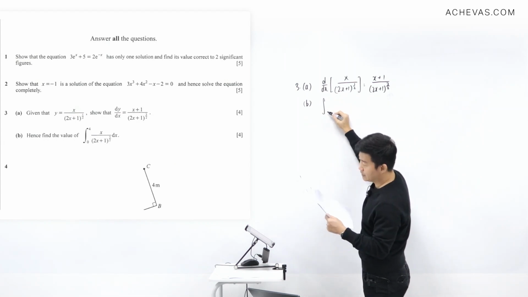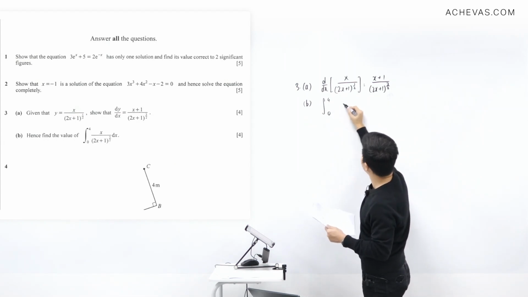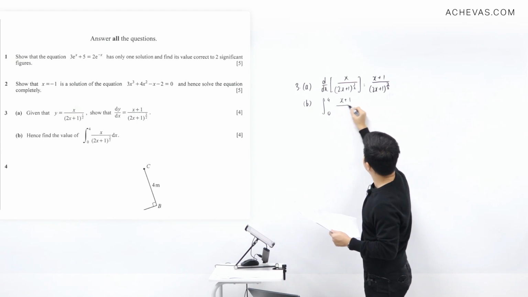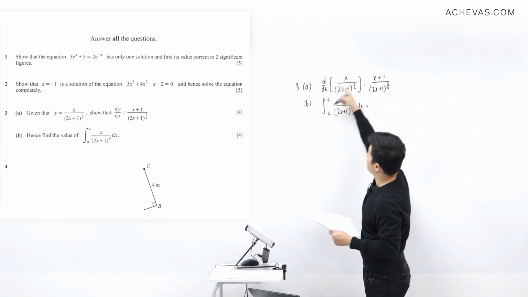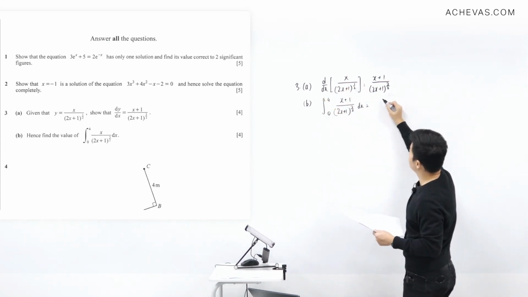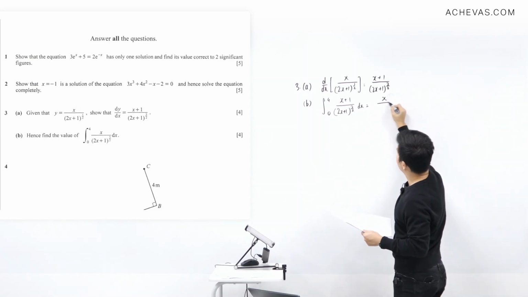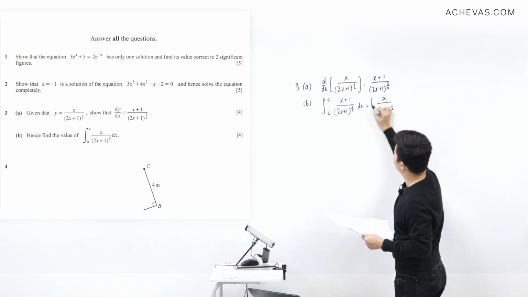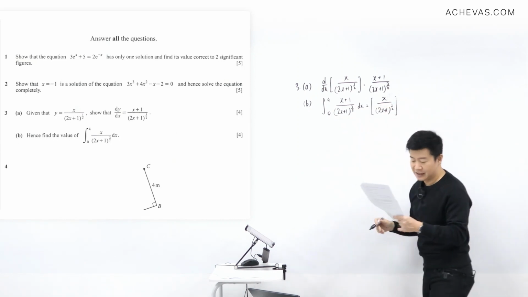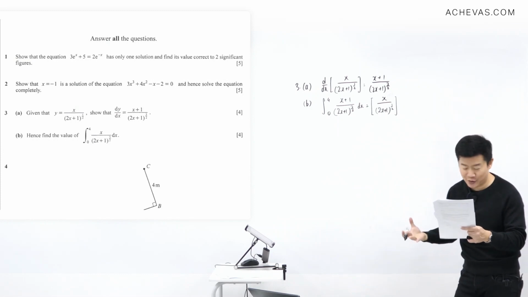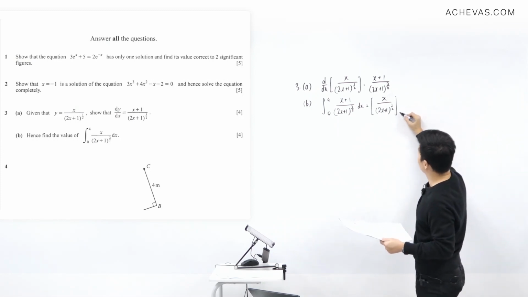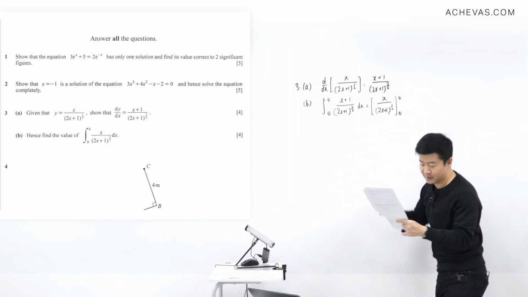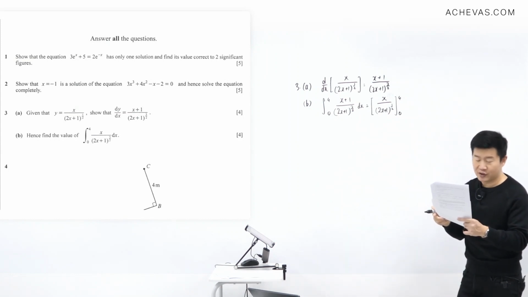If I were to be integrating this from 0 to 4 of x plus 1 over 2x plus 1 to the power of 3 over 2, then it will reverse back the process of differentiation, which will be giving us x over 2x plus 1 to the power of half. And let's not forget that we are applying a definite integral over here. So this is going to be from 0 to 4, which we are going to be substituting in later. So let's continue to integrate this.